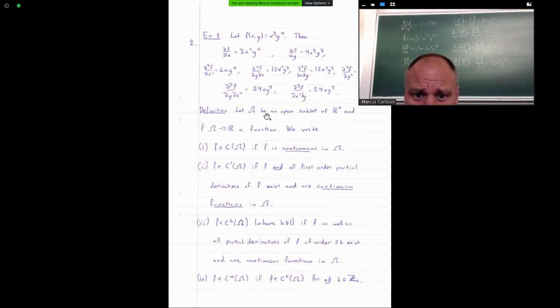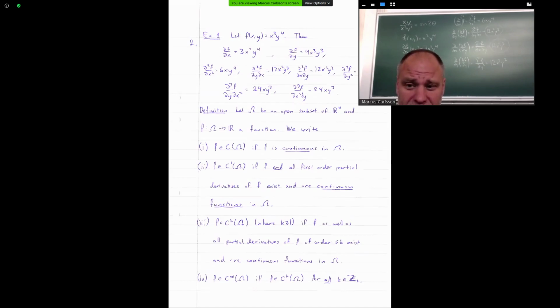Okay, so terminology. Let omega be an open subset of R^n and f a function on omega. So we write f is in C of omega if f is continuous in omega. Now we add a 1 here to say that f is continuous and the first order partial derivatives exist and are continuous.